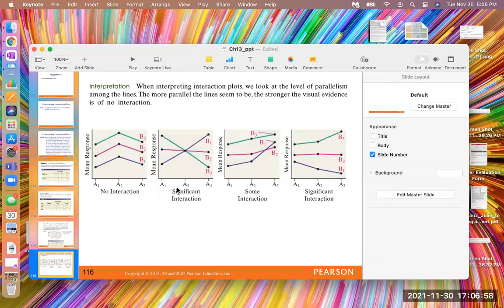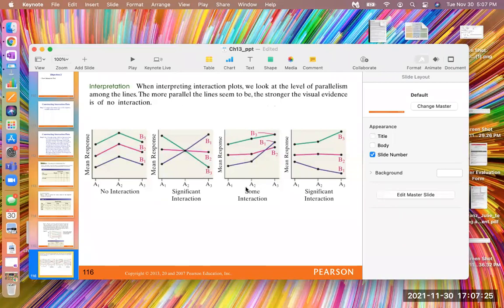But when we change the level of B, all of a sudden the response variable is doing the opposite, going down now. So this is definitely a significant interaction. To summarize it, the slopes are very different, literally going from positive in B1 to negative, decreasing in B3, right?